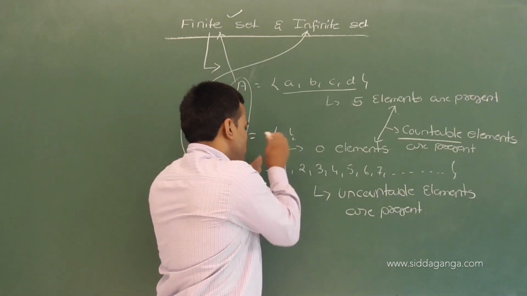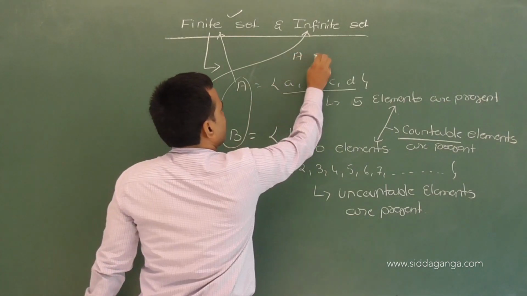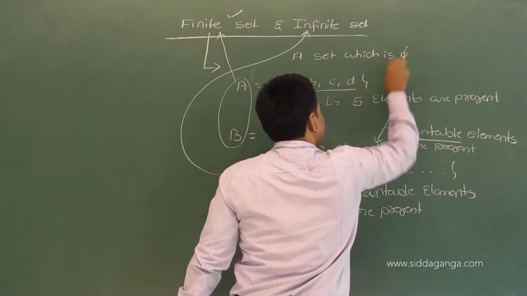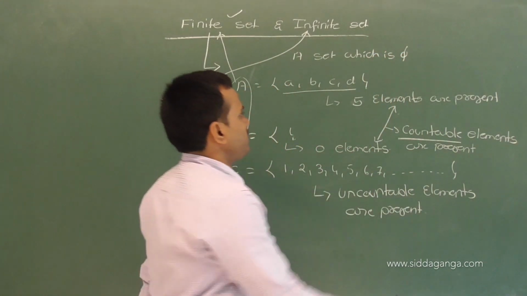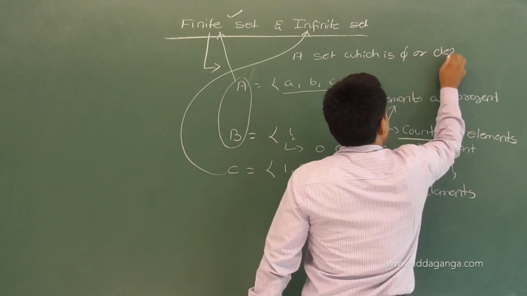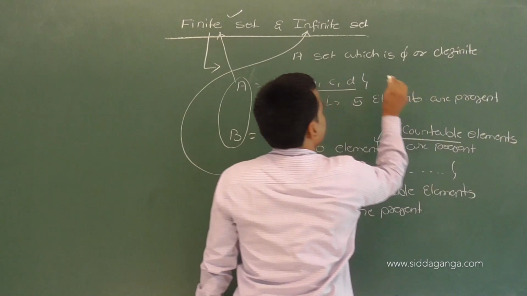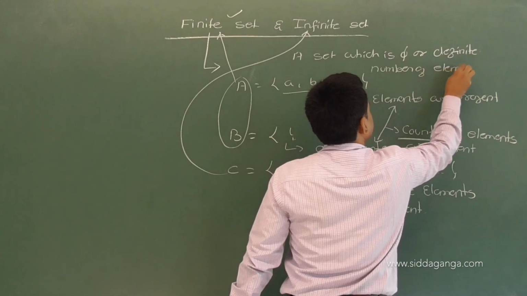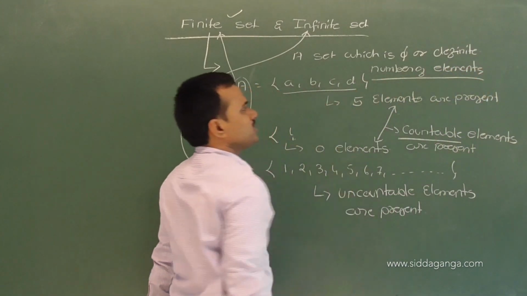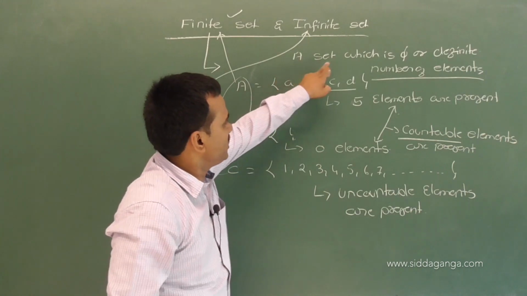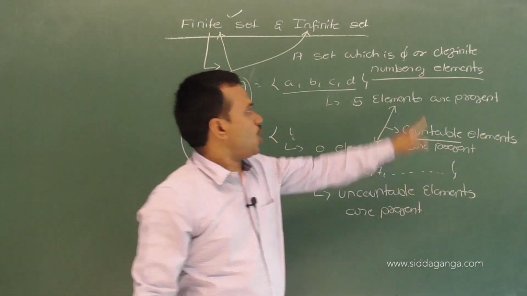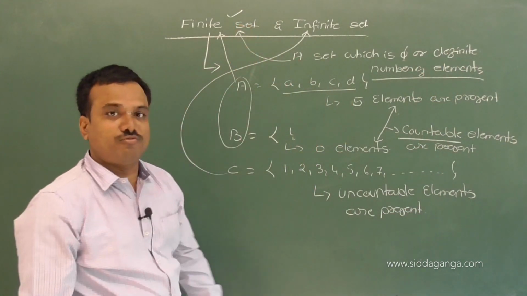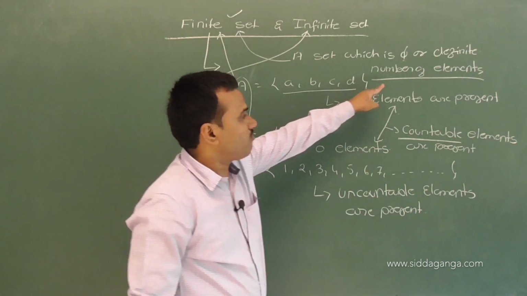A set which is empty or has a definite number of elements present is called what? Finite set.